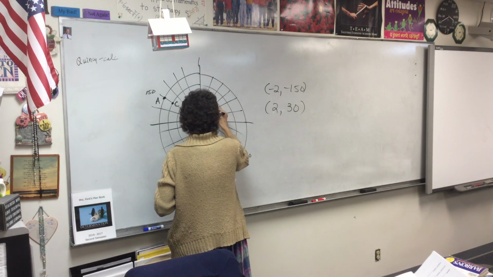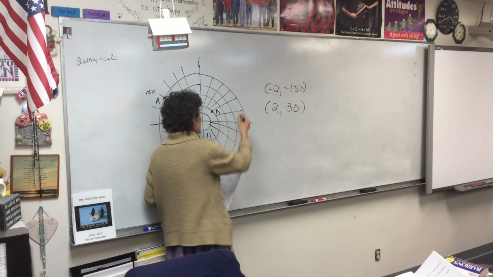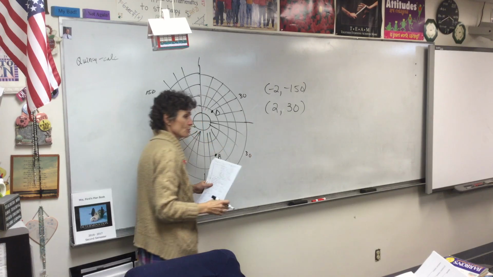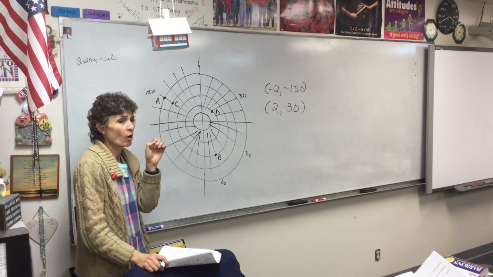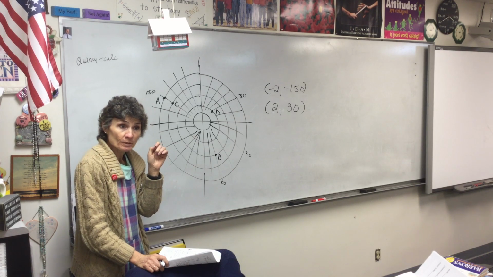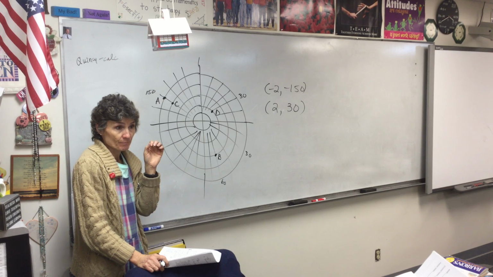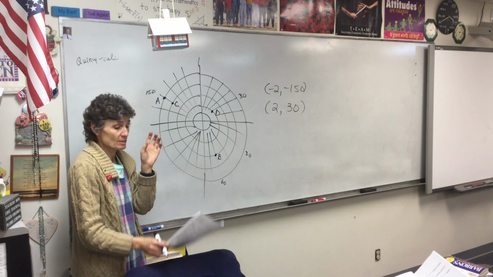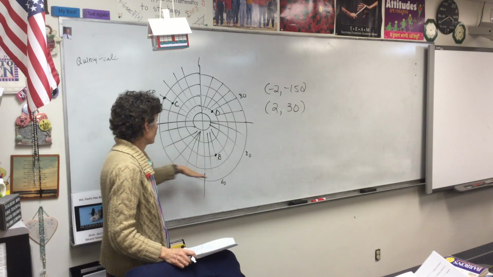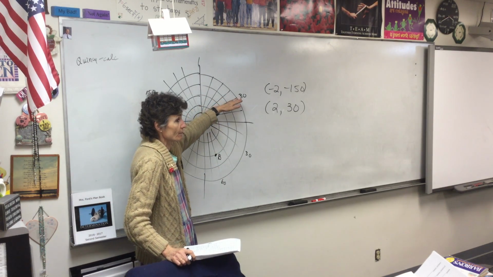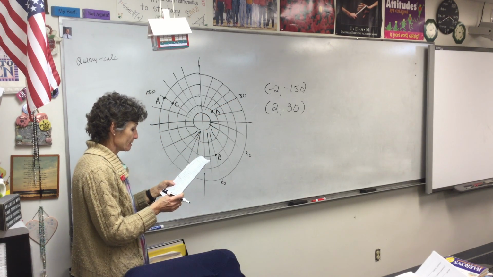So that point is getting plotted right here, on the 30 line, 2 circles out. Because when you change the sign on r, your angle changes 180 degrees. Right? You go to the opposite quadrant. So this one was negative 150. It was down here. Well, now it's over here in quadrant 1. 180 degrees different.